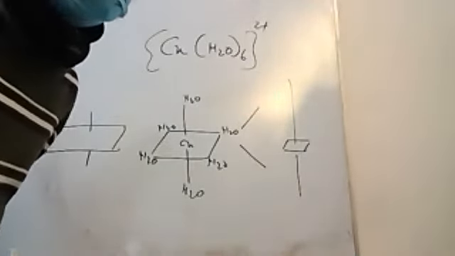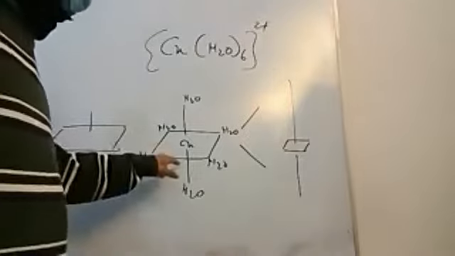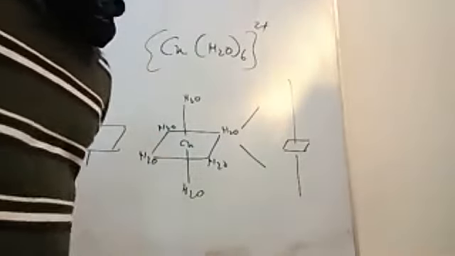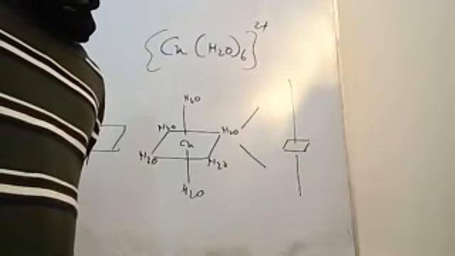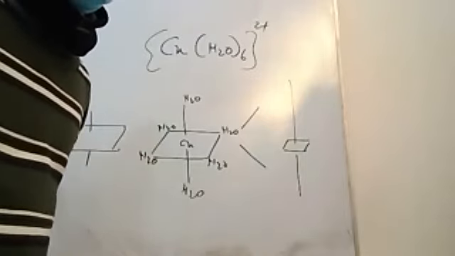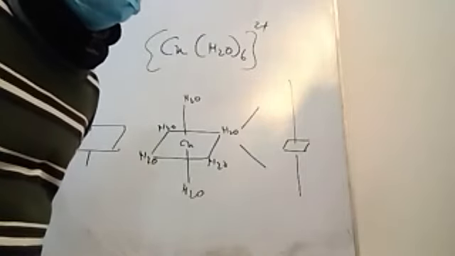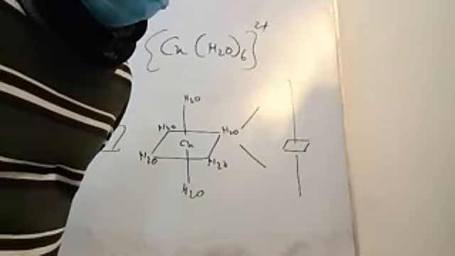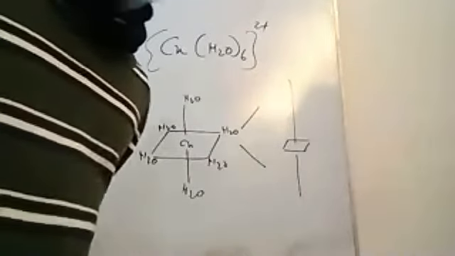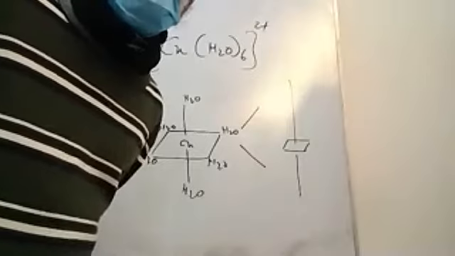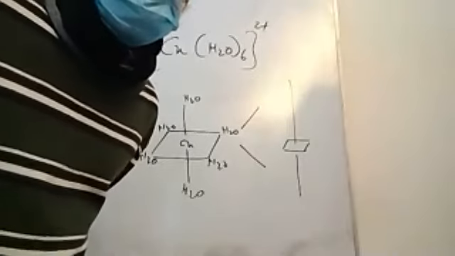But what is for sure is you will never see a perfect octahedron. Not only in copper, there are so many complexes in which you don't see perfect, symmetric octahedral complexes. Some of them are perfect, some are imperfect.